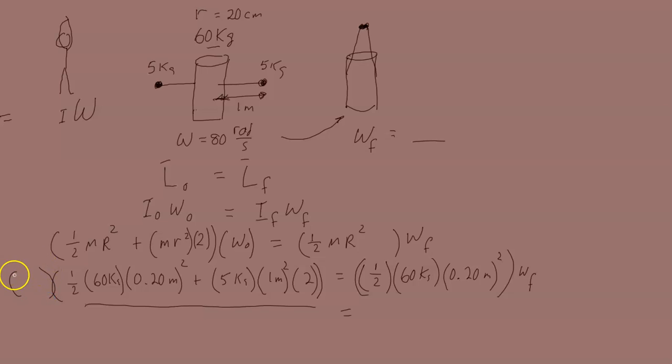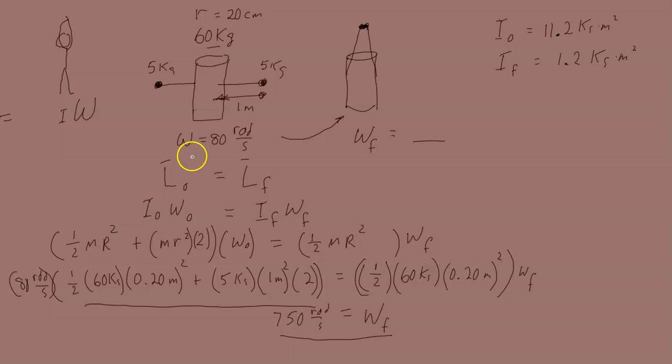The initial omega is 80 radians per second. We get a final angular velocity of about 750 radians per second, which seems almost unbelievable.